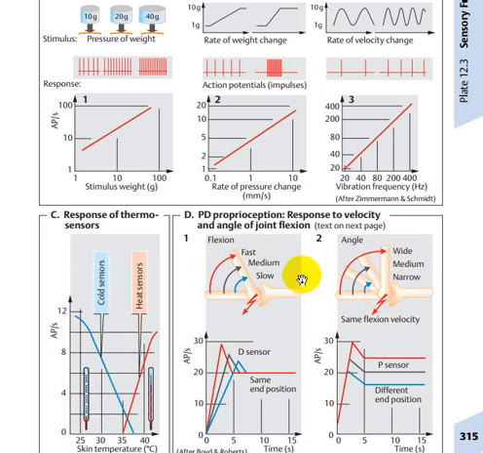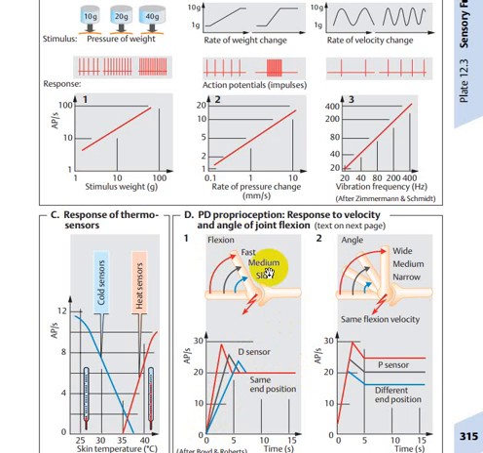Now how is this information integrated at the level of the brain? Per unit time you have action potentials. For the one which is slow in movement, all of them are going to end at the same position. So the brain is going to analyze this first scenario as having a slow steepness, and then all of them are going to attain the same action potential.